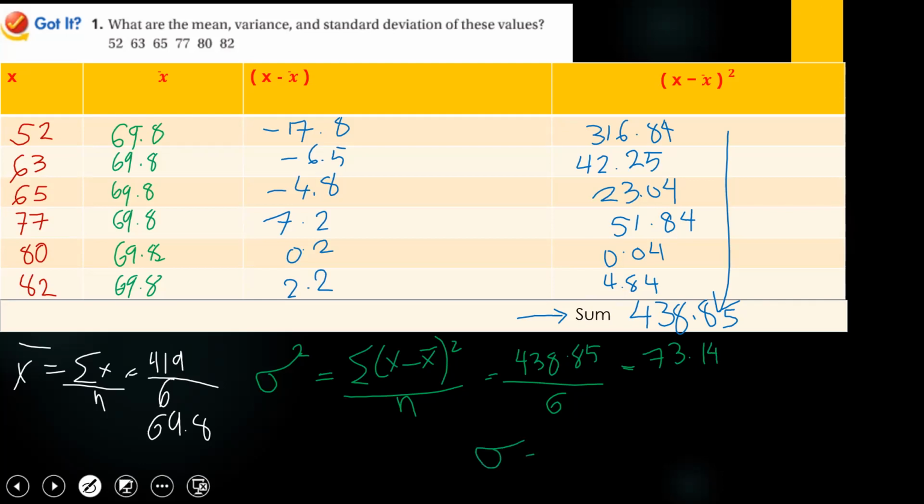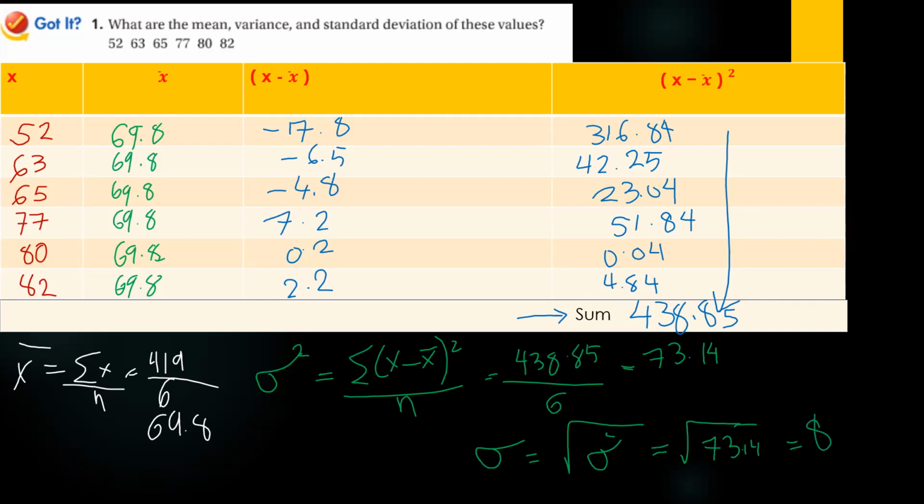Then the sigma will be the square root of sigma squared, or the square root of 73.14, which is 8.5. This will be now the standard deviation. Is it clear?